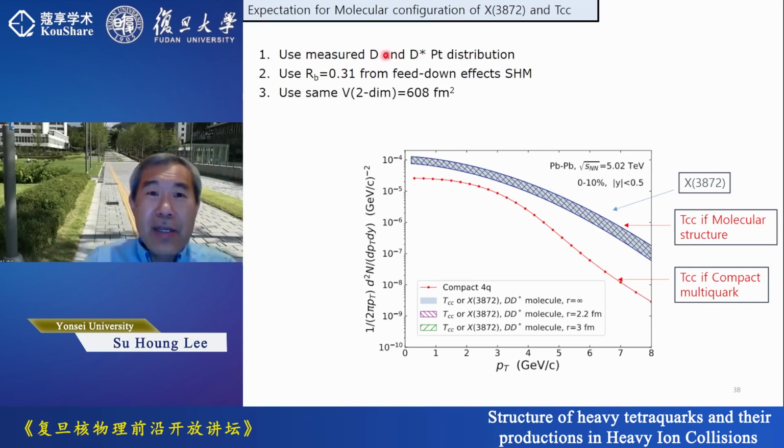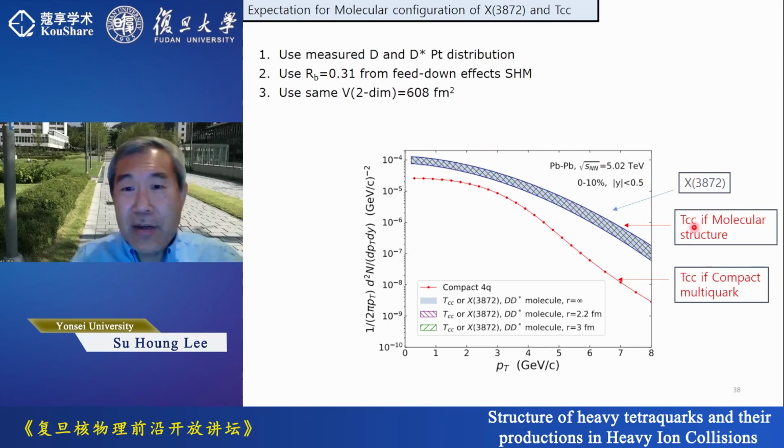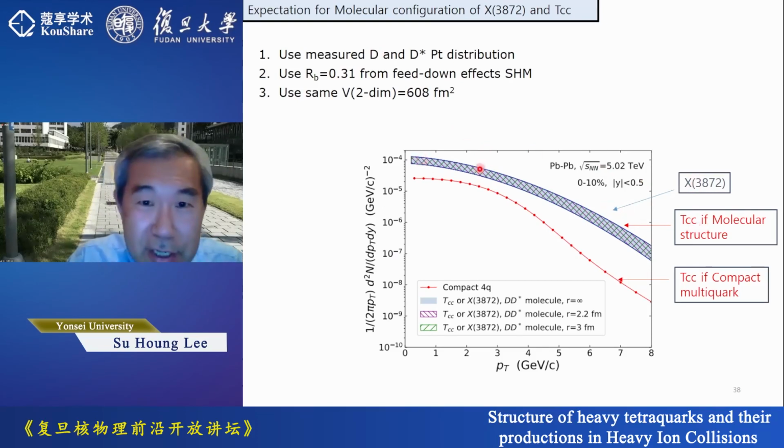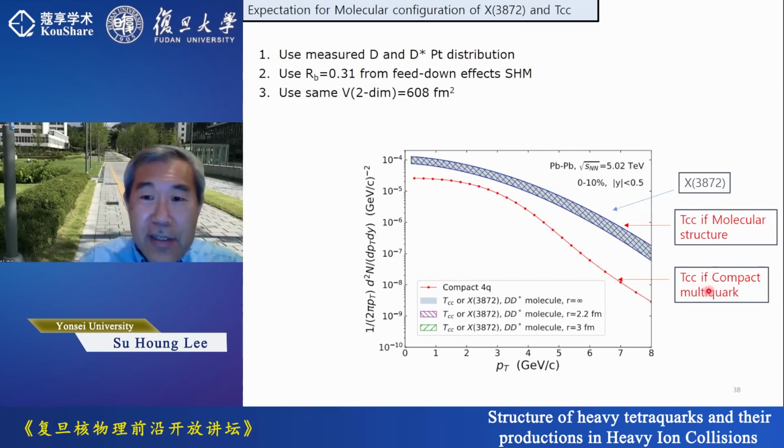Therefore, assuming the difference in chemical potential is not very large in a high energy collision, the difference between X and TCC, assuming their molecular configuration, would not be so large. On the other hand, if TCC is compact, this is the PT distribution that we calculated earlier; their production rate is smaller and the PT distribution is slightly different.